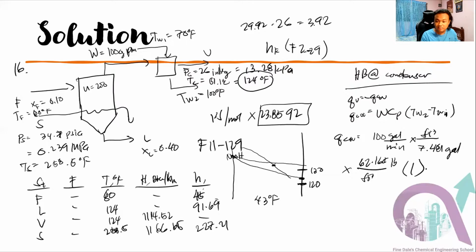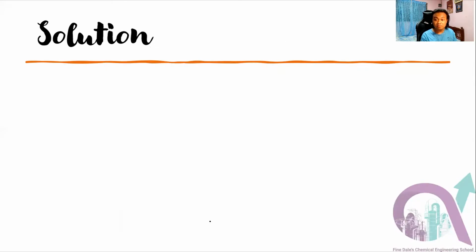Then you will get, just multiply. Right, CP is 1, and then 100 minus 70 is 30. Yeah, you can get 24,929 BTU per minute. Okay, so how do you get our V now? So you can get your V, right?